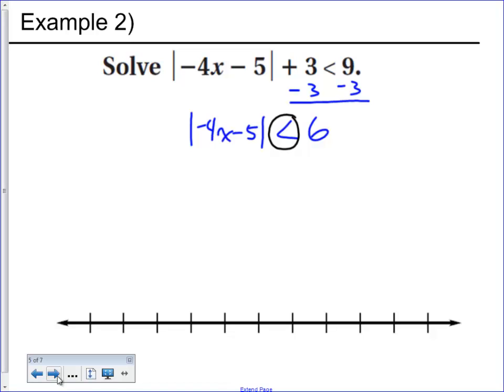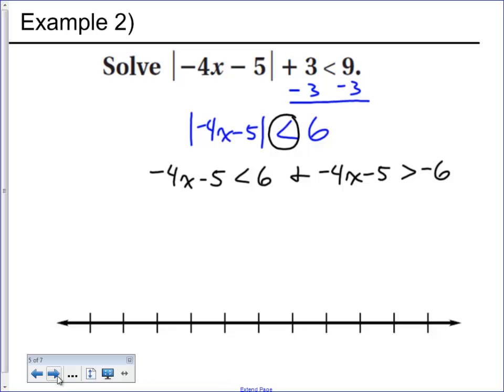All right, so we're going to go ahead and solve this. Negative 4x minus 5 is less than 6, and negative 4x minus 5 is greater than negative 6. Don't forget to flip your sign over here because you changed this side to a negative, so it's like multiplying by a negative on both sides of your inequality.